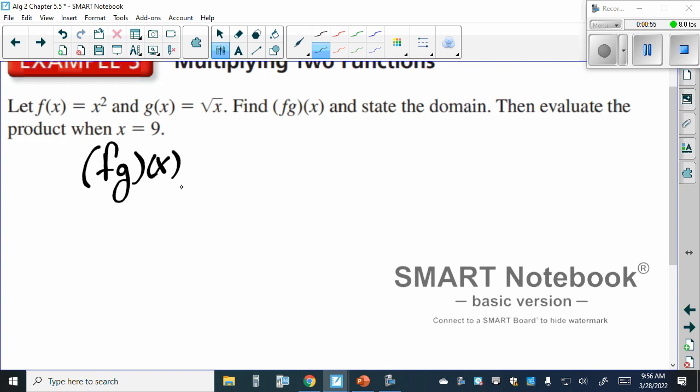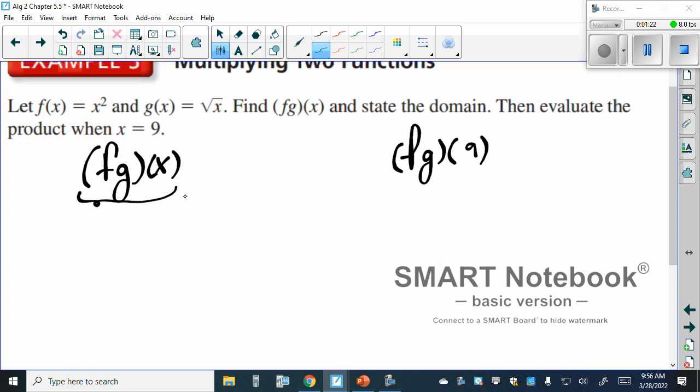So what we're going to find first is f times g of x, and then we're going to find f times g of 9. So we're going to evaluate this function when x is 9. Now, this here, what we have is f times g of x.